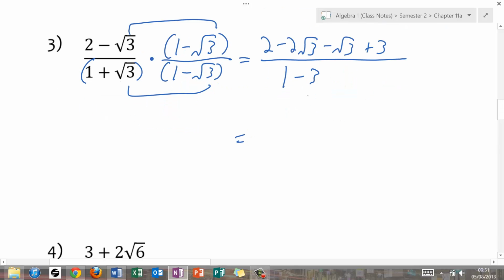Simplify your like terms in the numerator, we get 2 plus 3 is 5, negative 2 minus 1 is negative 3, negative 3 root 3, and in the denominator we have negative 2. And I can't simplify this anymore because you can't factor the numerator, so that's done.